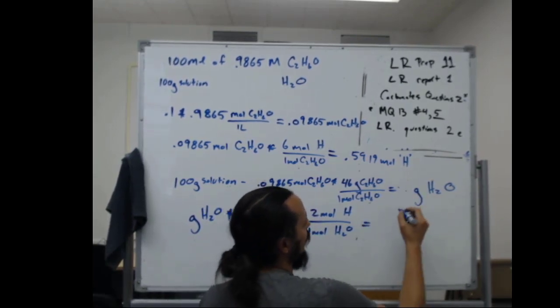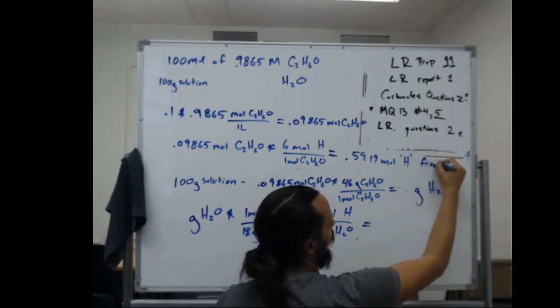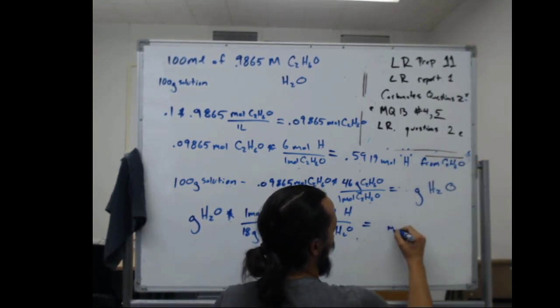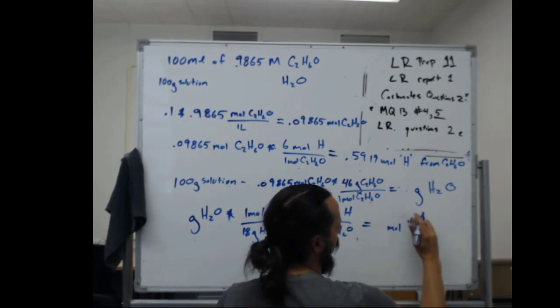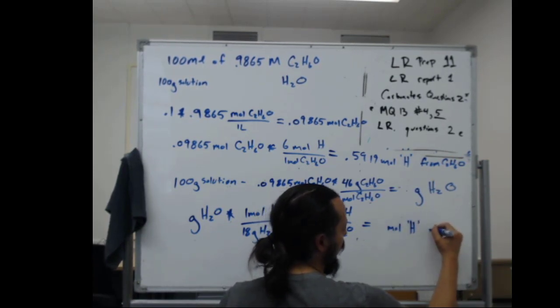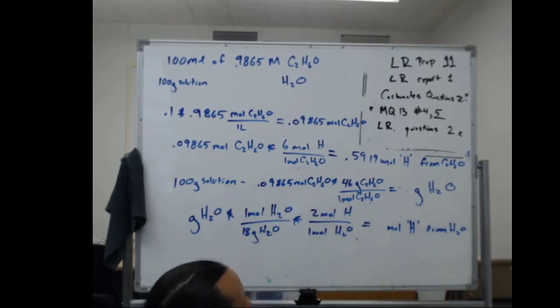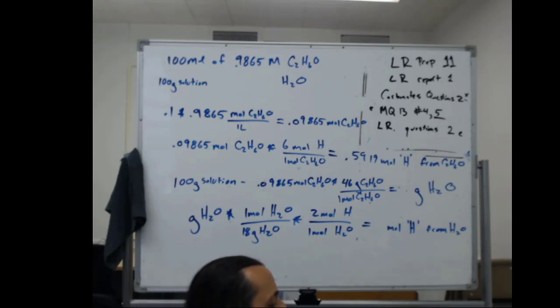And that's going to give you moles of hydrogen from water. Then you just add those numbers together. That's going to give you your moles. And I think it asks for number of atoms, so you're going to have to use Avogadro's number as well, of course.